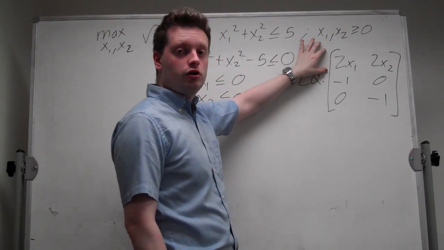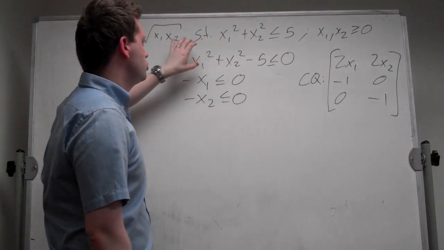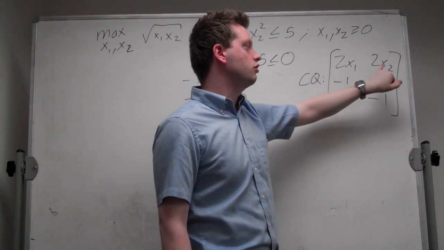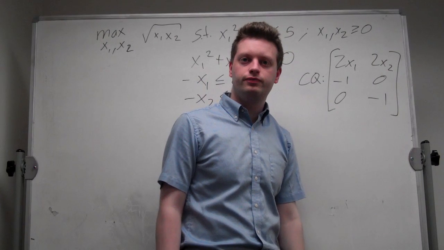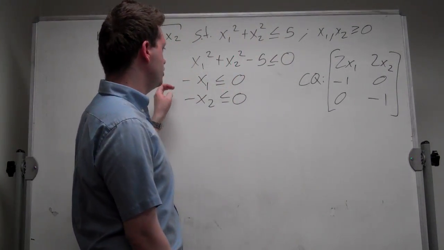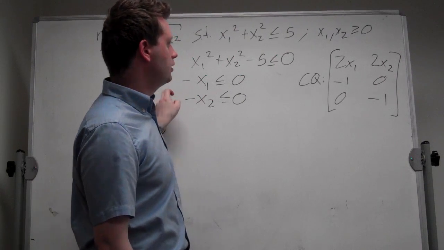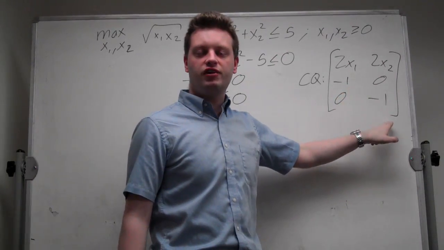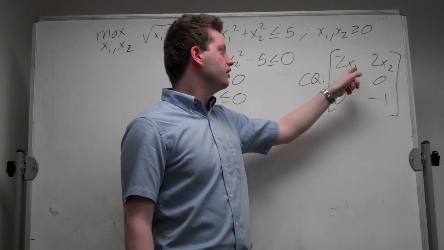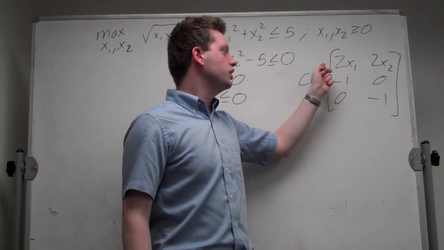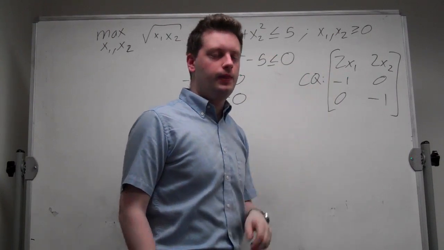The first order condition of the first constraint has rank 0, provided x1 is equal to x2 is equal to 0. But by these two constraints down here, we know that we will have these other vectors, and this one is indeed not binding if that's the case, so we can omit that point.